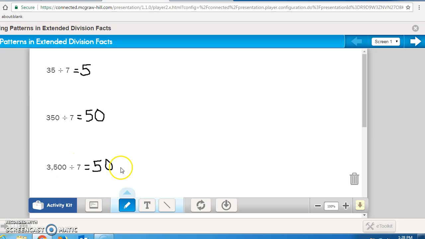And 0 again divided by 7 is 0. So now I can check my answers. 5 times 7 does equal 35. 50 times 7 does equal 350. And I may have said that wrong earlier, and if I did, I apologize. And again, 500 times 7 does equal 3,500.